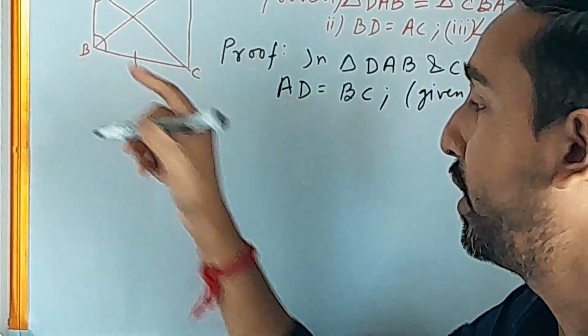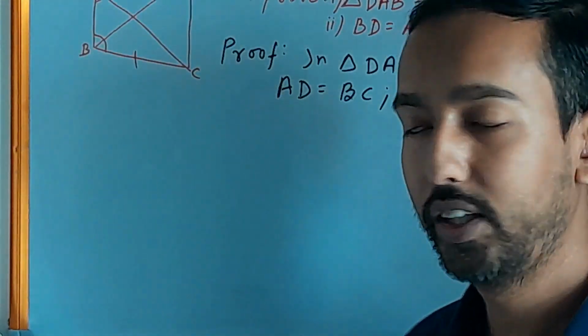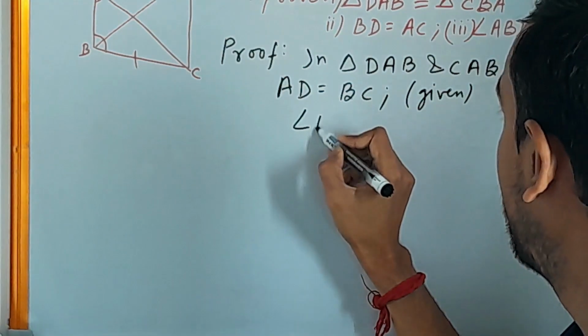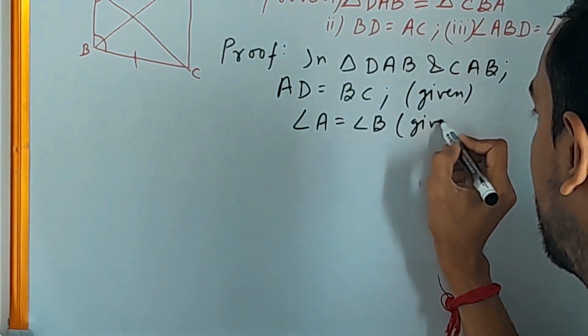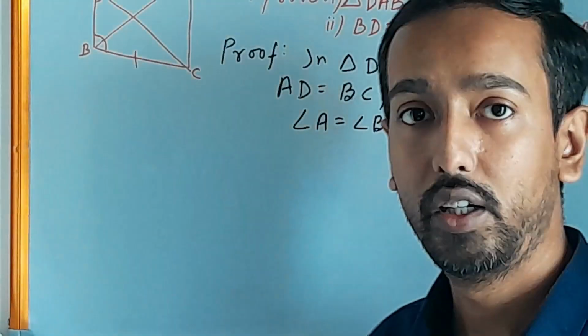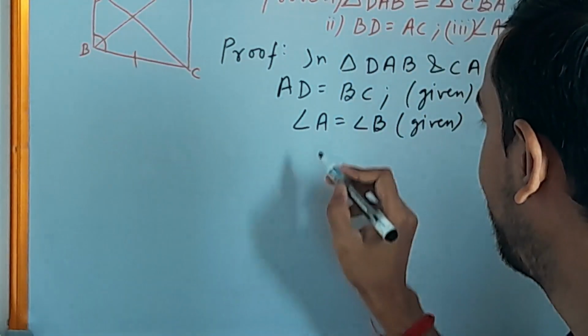Now angle DAB is equal to angle CBA, means angle A is equal to angle B. It's also given in the question. And we see that the side AB is common to both the triangles.